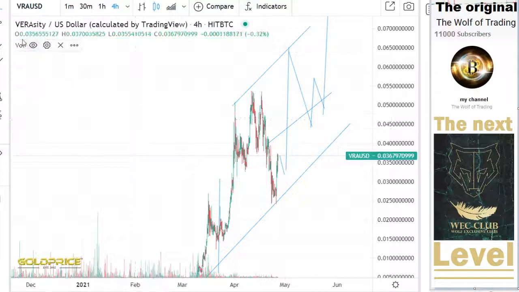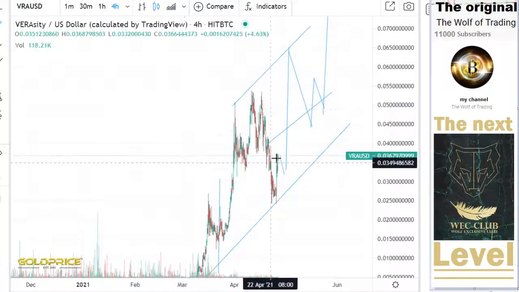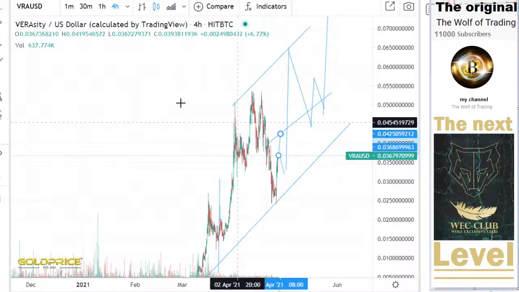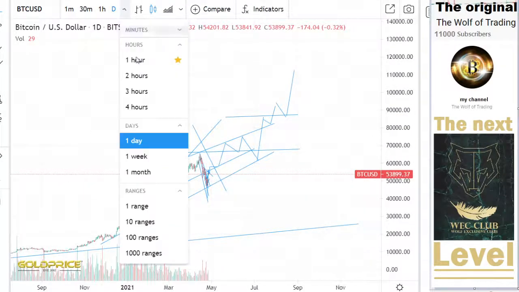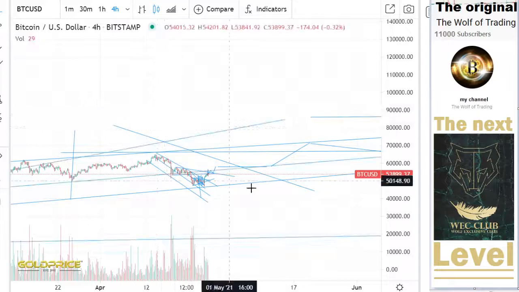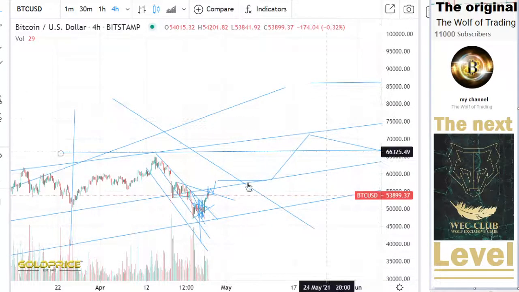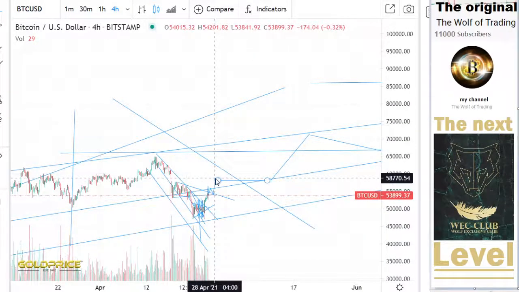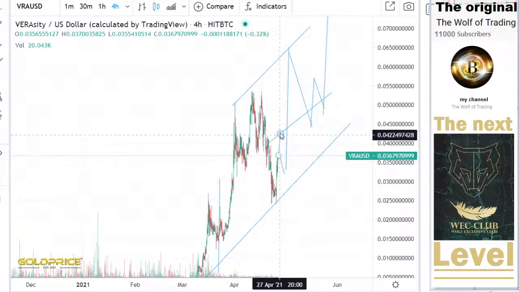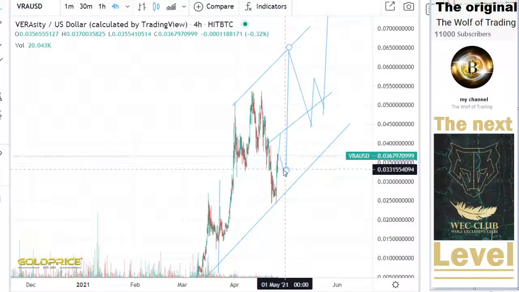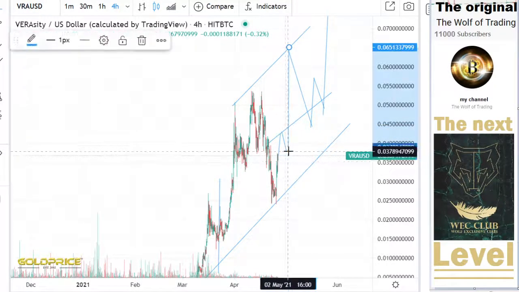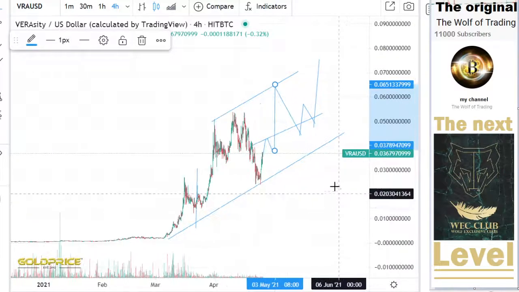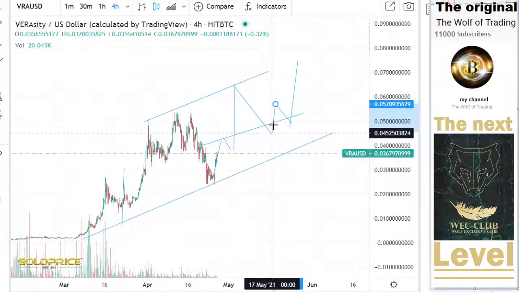My personal opinion is we will go a little bit to the top side, because if you look at the Bitcoin price, we have a little bit of power to go to the top side, to 58,000, 56,000. And if this happens, then we are not needed to fall.